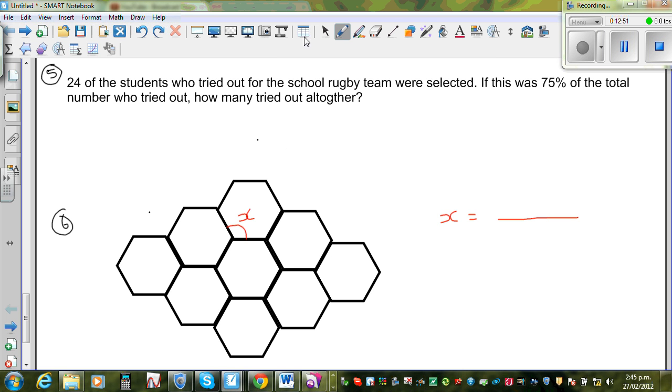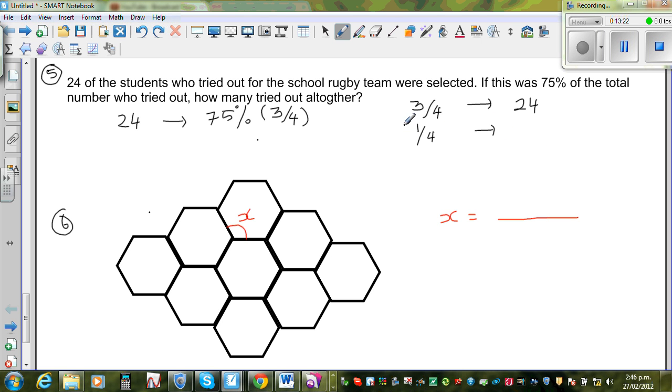So what they are telling us is 24 students is nothing but 75%. Now 75%, I hope you understand, is 3/4. So we can make a column like this. 3/4 of the students represent 24 students. So basically they're asking you what is 100%. If 3/4 is 24, 1/4 would be how much?